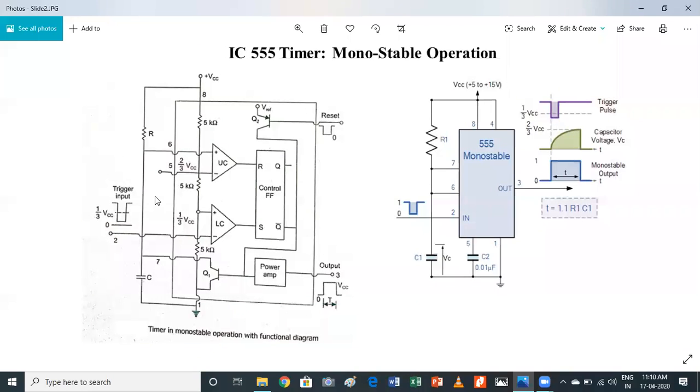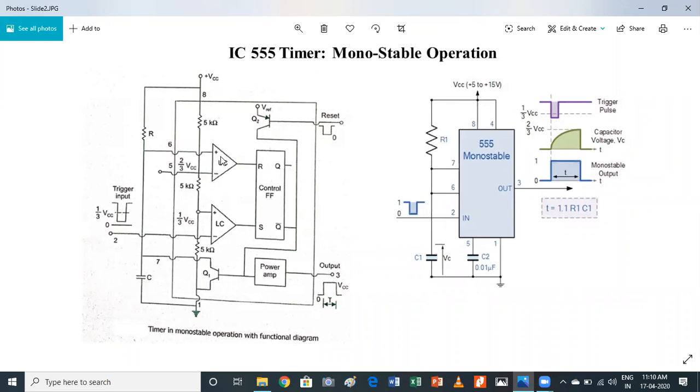So see here, the upper comparator and lower comparator. In the upper comparator, the inverting terminal reference voltage is 2/3 VCC, and the lower comparator's non-inverting terminal is 1/3 VCC. This is the reference voltage of each comparator. Now the other pin is the input of that comparator. The lower comparator input is the trigger input.